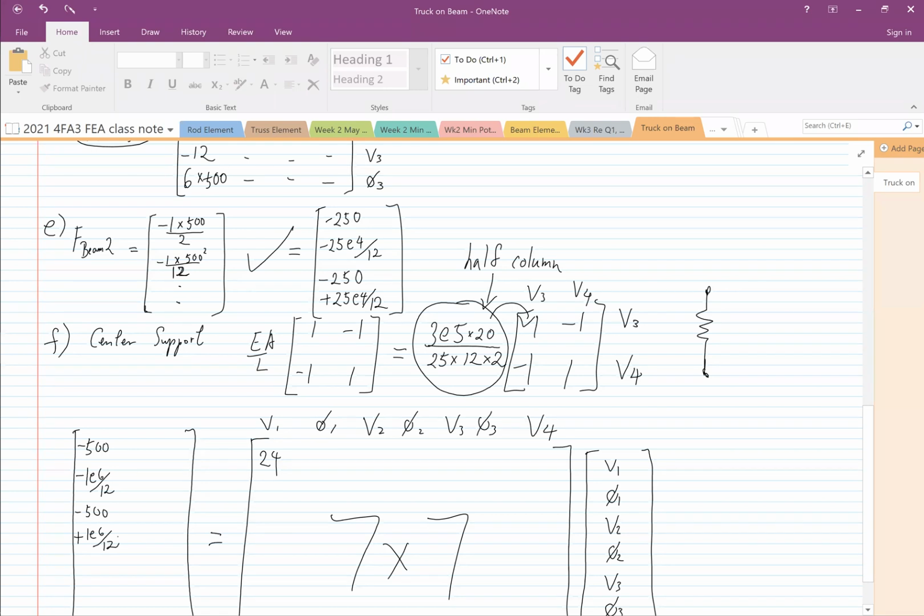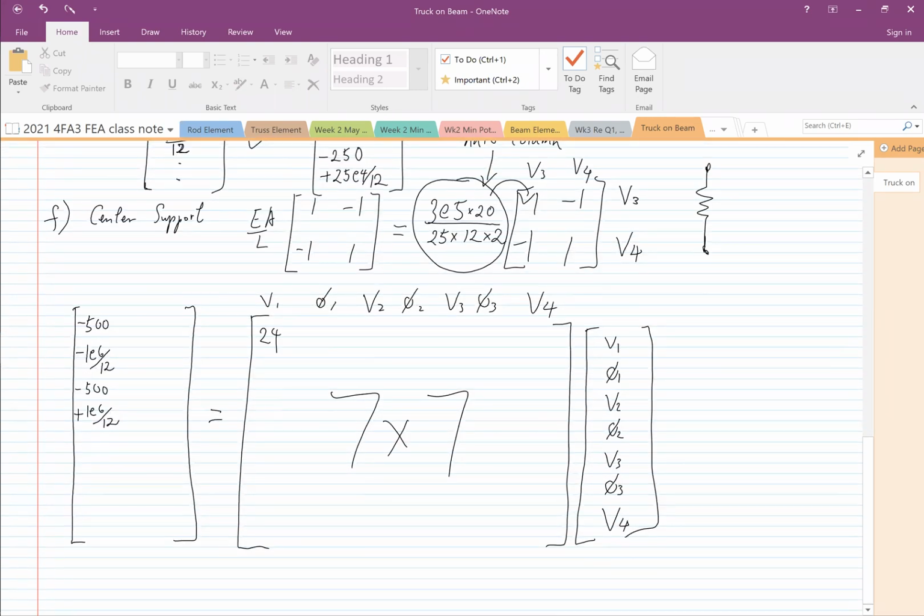Okay, that's the first contribution of our beam. And then the second contribution is what? It's the smaller beam. Negative, what is it? 25 e to the 4 divided by 12.